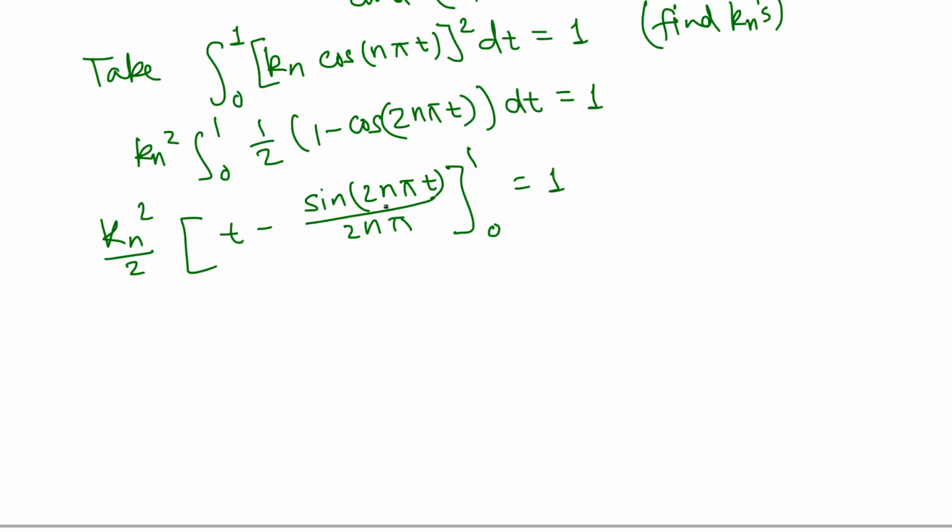Okay, so let's plug in upper limit, lower limit. So we got kn squared over 2 outside, and t equals 1 gives 1, plus sine 2 n pi. Since n is an integer, 2 n pi is an integer multiple of pi, and sine of an integer multiple of pi is 0. It's 2 pi, 4 pi, 6 pi, etc. So that's 0. Now the lower limit: plug in 0, so this is 0 and sine 0 is 0.